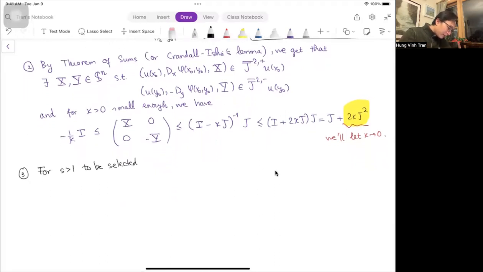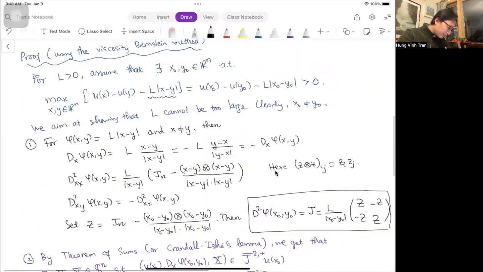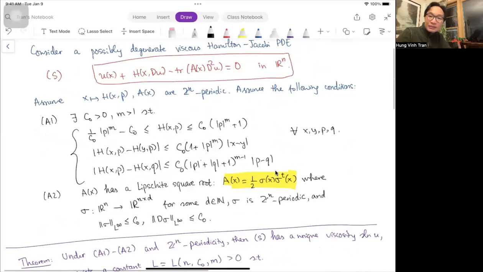So I take some s close to 0, and we define a matrix A_s to be 1/2. Again, remember the earlier matrix we have: A is 1/2 sigma times sigma transpose.